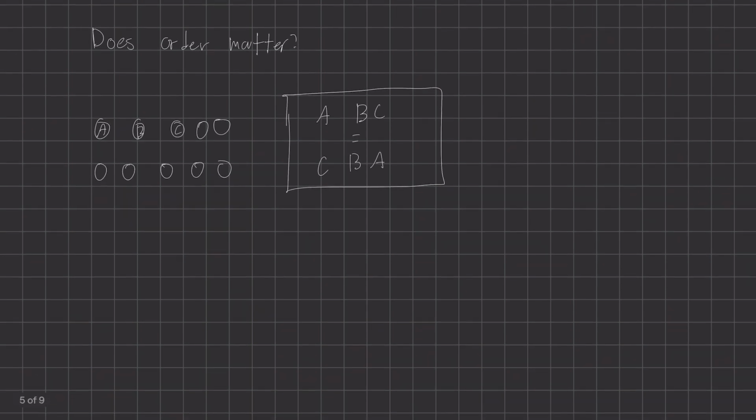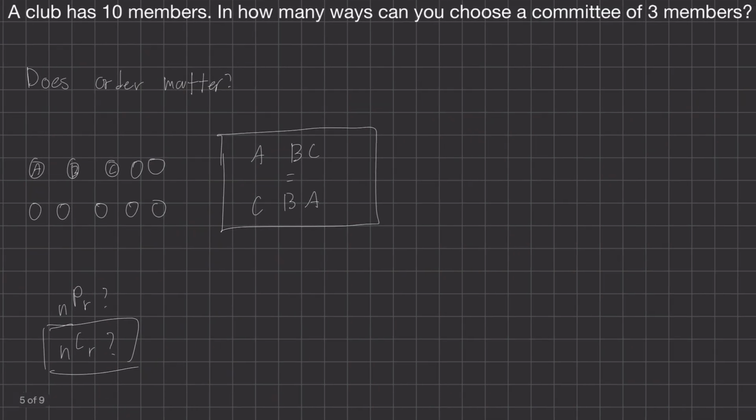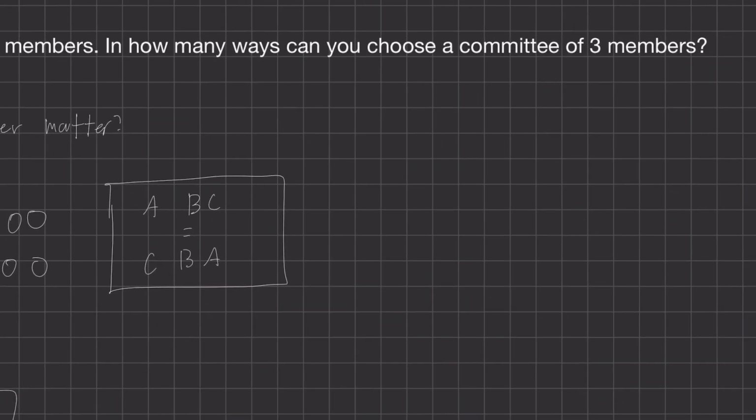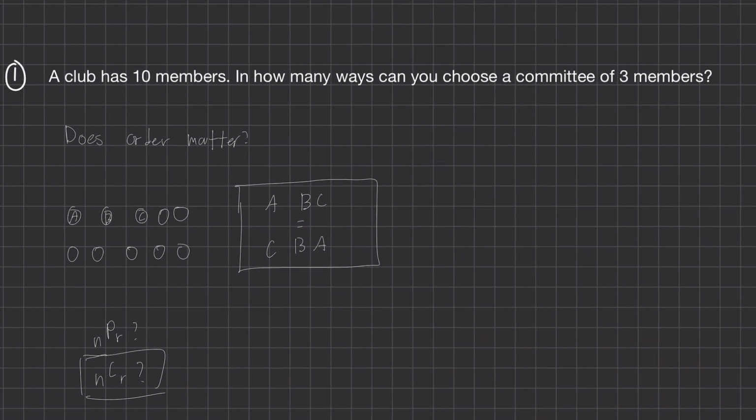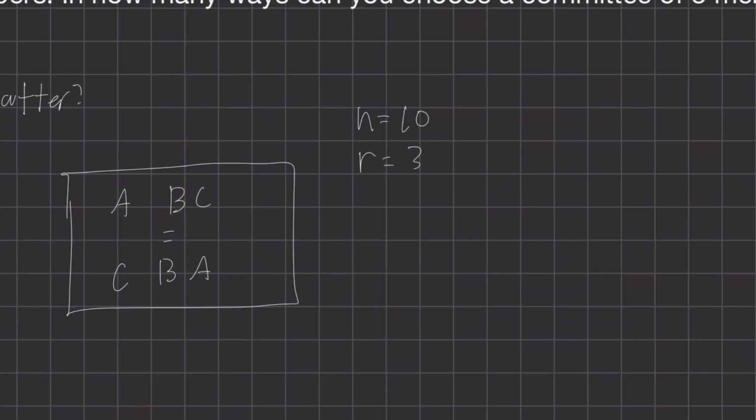We first need to decide, is it a permutation question or a combination question? In this case, order does not matter, so it's going to be a combination question. Knowing that, we can simply use the combination formula. In this case, n would be 10 because that is the total number of objects we are choosing from, and r would be 3 because out of the 10, we're only choosing 3 of them.